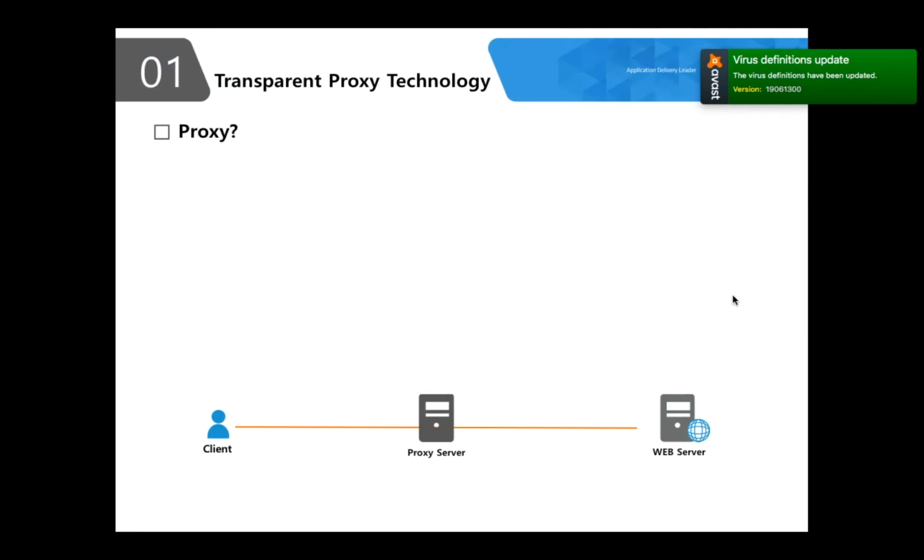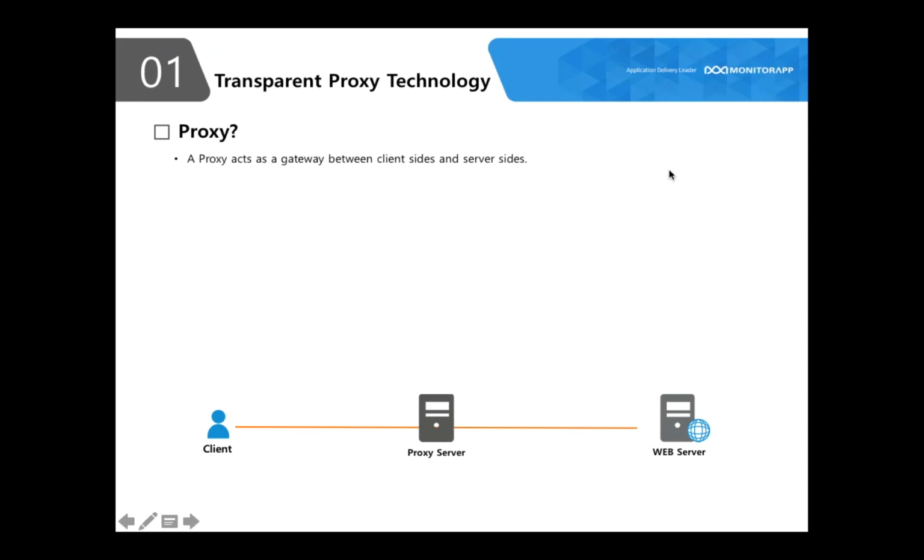So, to explain the transparent proxy mode, I will explain the proxy first. A proxy acts as a gateway between client and server side. So the client connects to the proxy server and requests some services from the server.